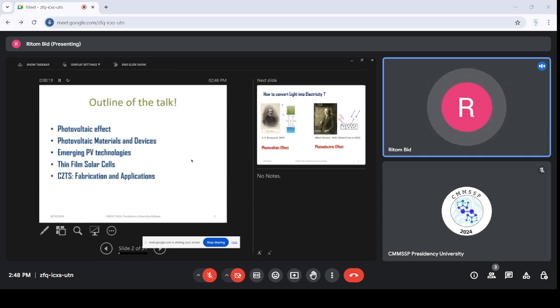In this talk, I'll initially introduce the photovoltaic effect and the materials that show the photovoltaic effect and some devices, some emerging photovoltaic technologies. That means some device structures that efficiently convert the light energy into electrical energy, electrical power. And thin film solar cell, and obviously I'll talk about CZTS, a special material that shows efficient photovoltaic properties, that means efficient conversion of the incident light into electrical energy.